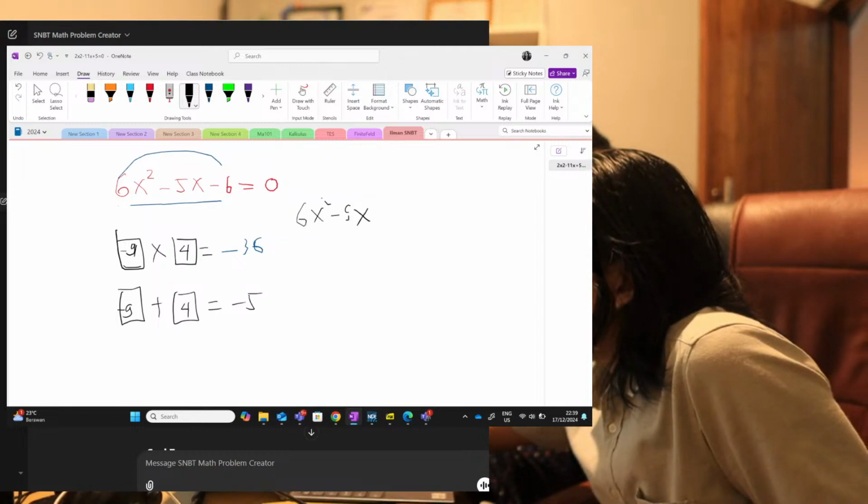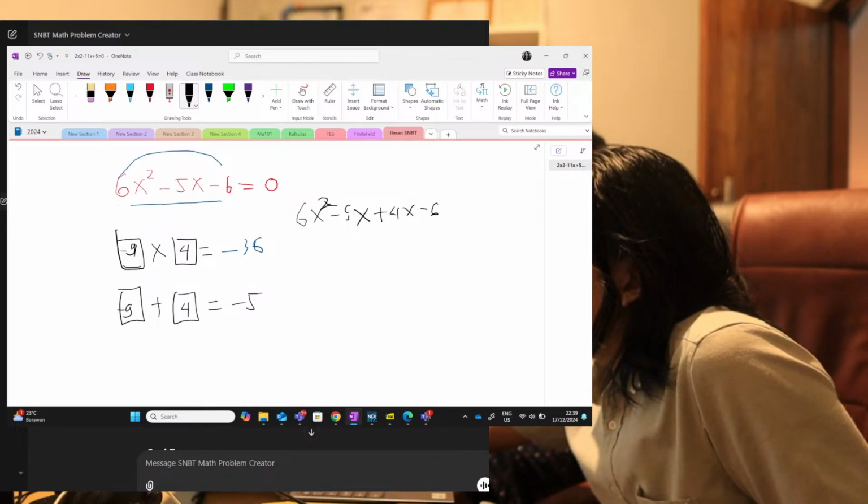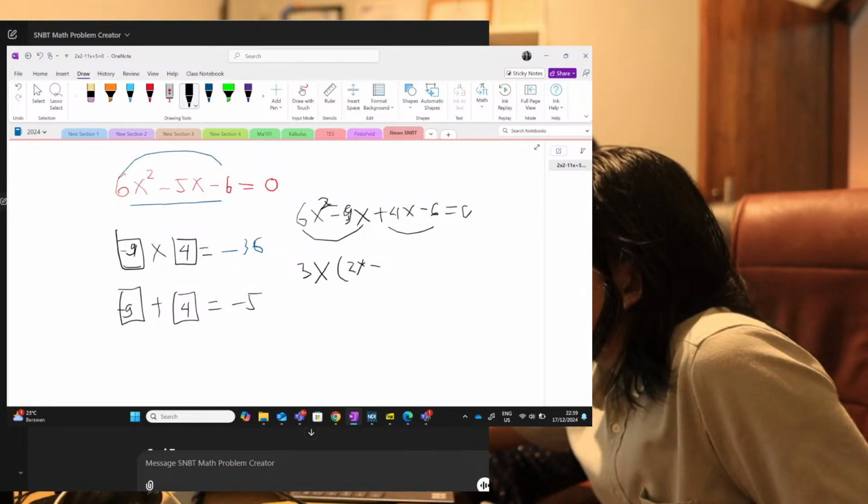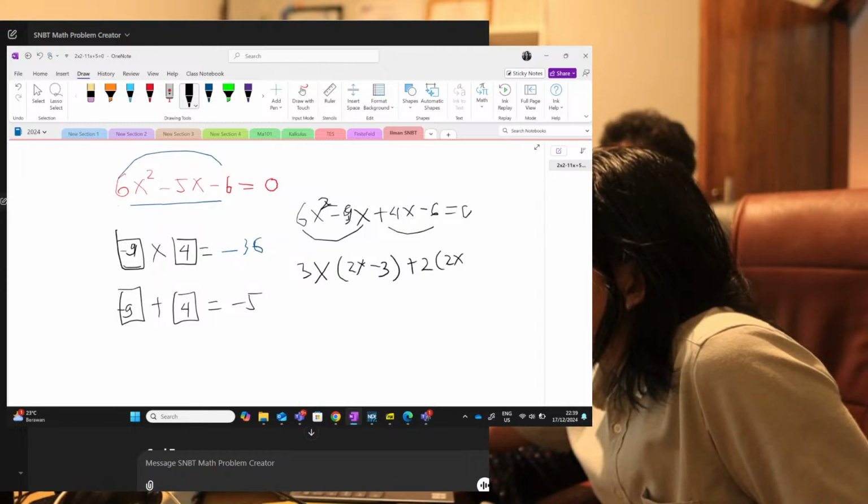Kemudian baru difaktorkan, di grouping gitu. Ini jadi 3x(2x min 3) plus 2x min 3 sama dengan 0.